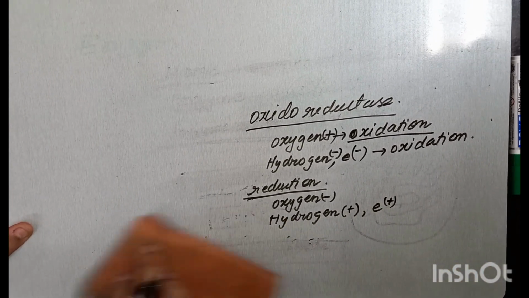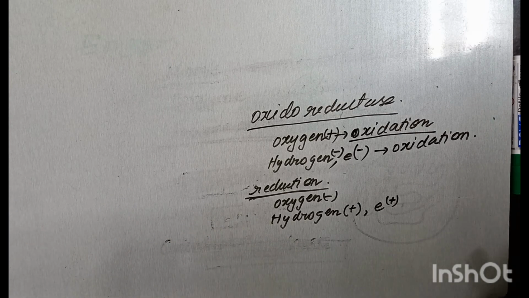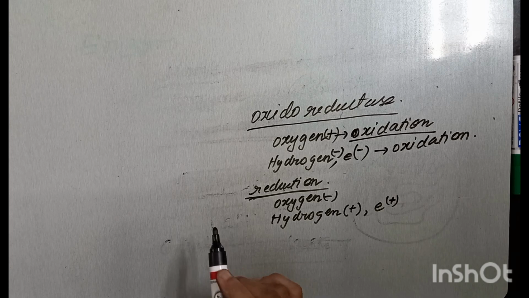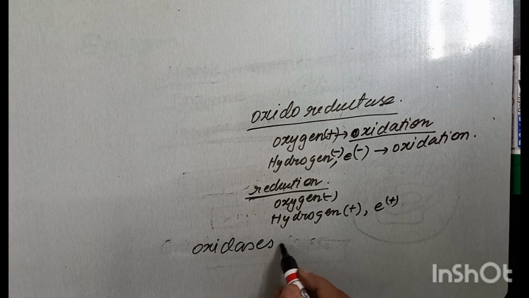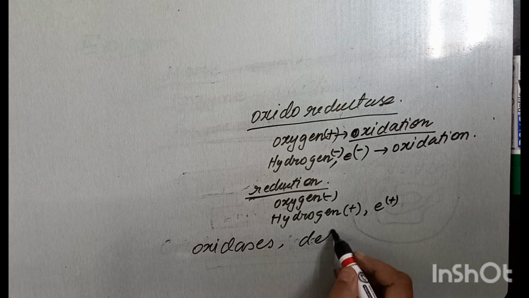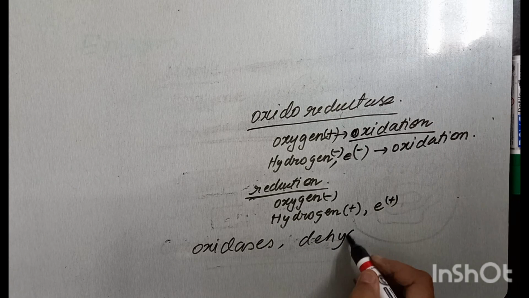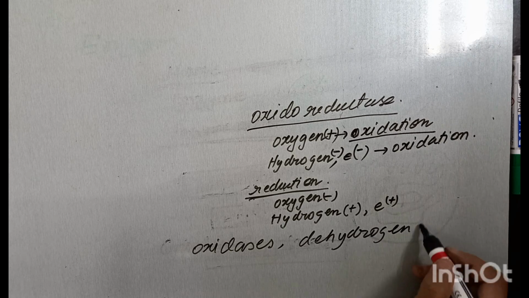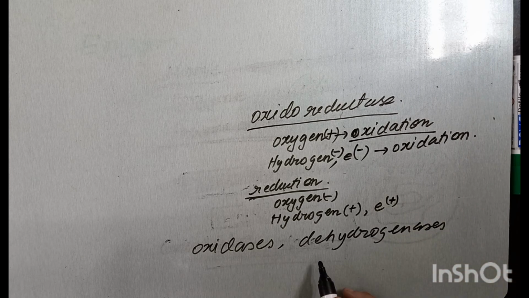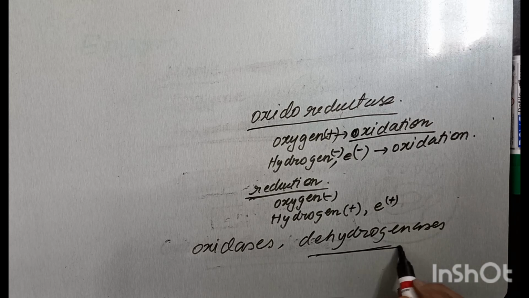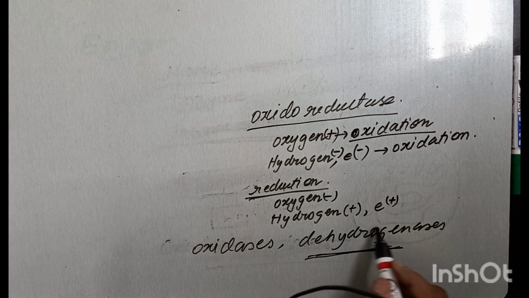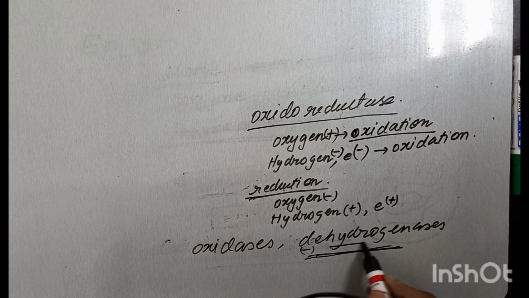Let's go into another example of oxidoreductase, say lactate dehydrogenase. So oxidoreductases are named either as oxidases or as dehydrogenases. The word dehydrogenase means dehydrogen, which is subtraction of hydrogen.